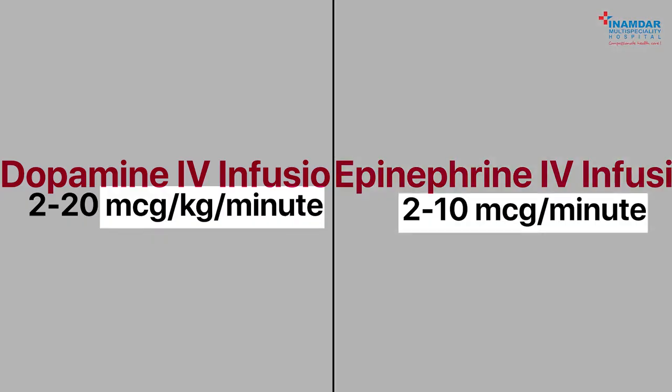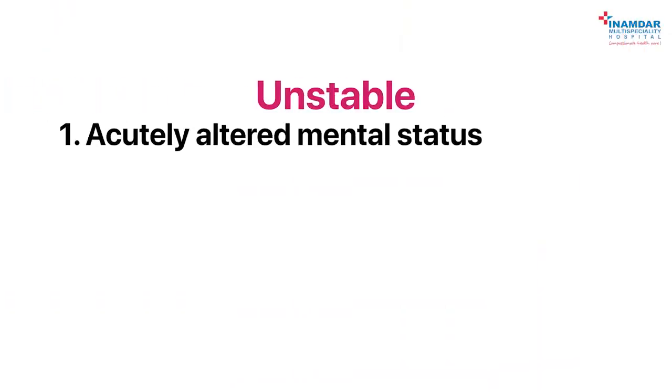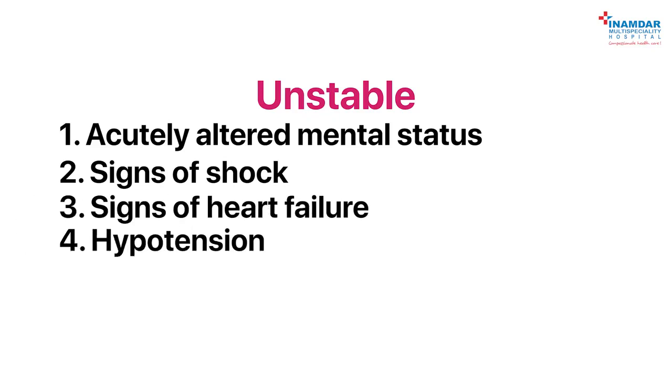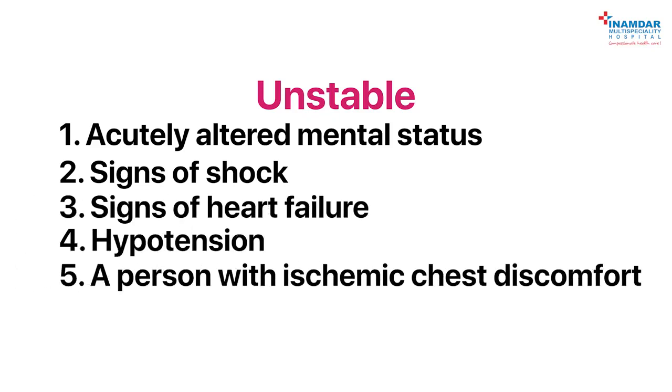Here there is no kg. So what does unstable patient mean? Five things: acutely altered mental status, signs of shock, signs of heart failure, hypotension, and ischemic chest discomfort. These are the five things which make the patient unstable, so if any one of these is present, we call it an unstable patient.